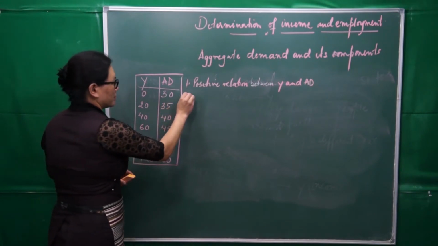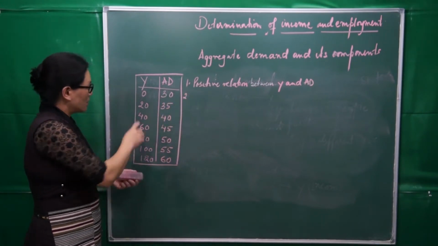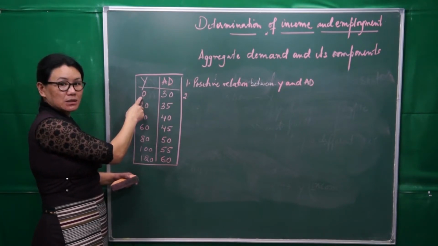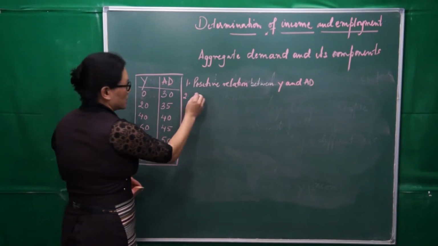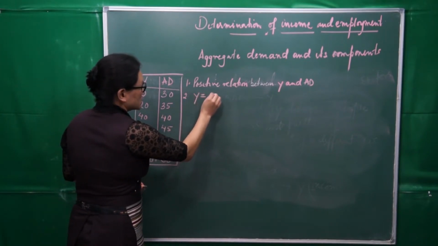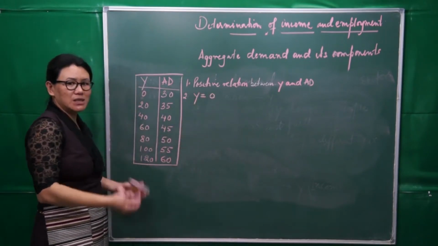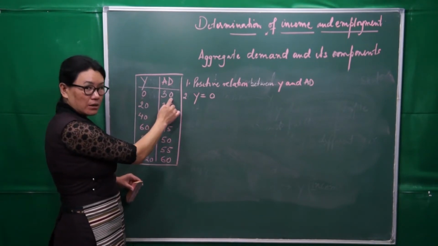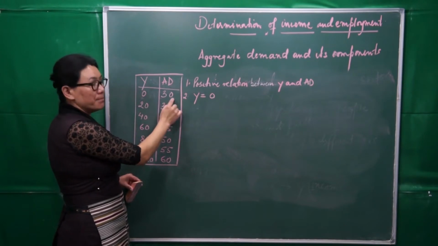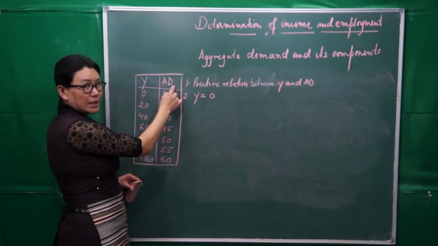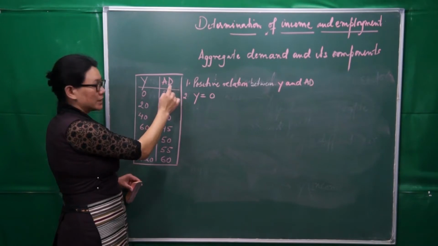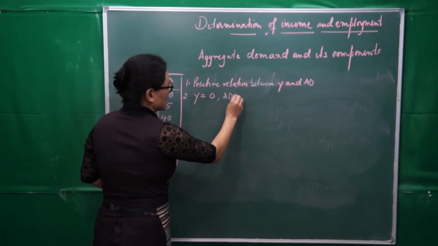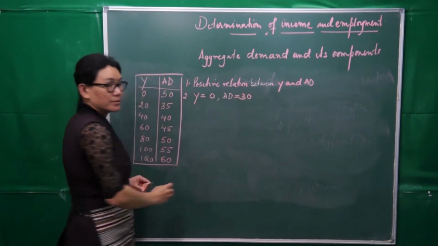Second one. Observe this. What is given here? Income is 0, right? That means we don't have any income. But we can see here some demand, aggregate demand, which is AD is 30 here.